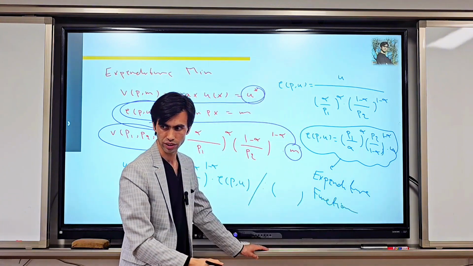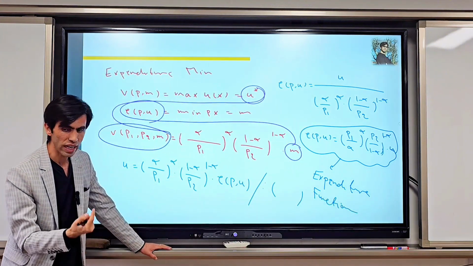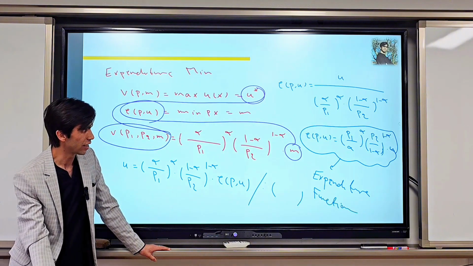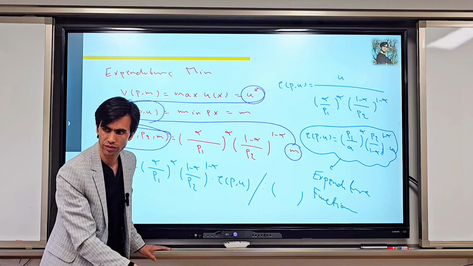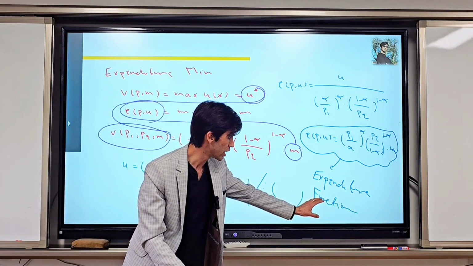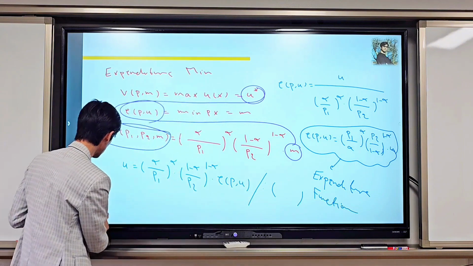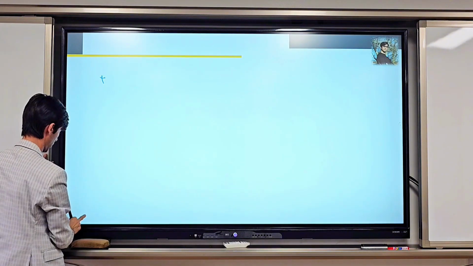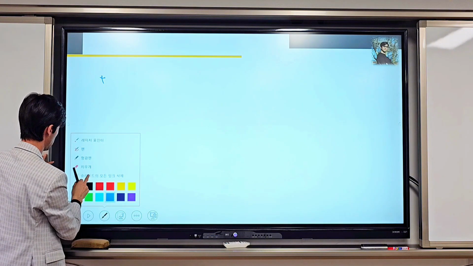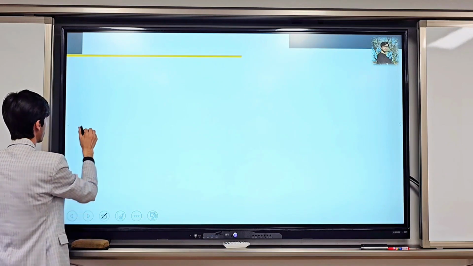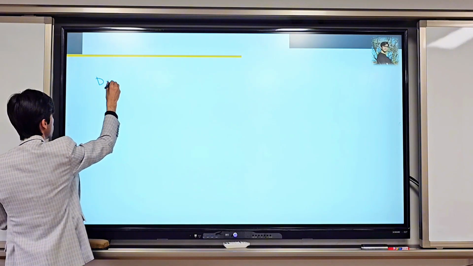Your expenditure function. So the thing is, once we find out our Marshallian demand function, then we can find out the indirect utility function. Once we have the indirect utility function, we can find out the expenditure function. This is the process. We have our direct utility.